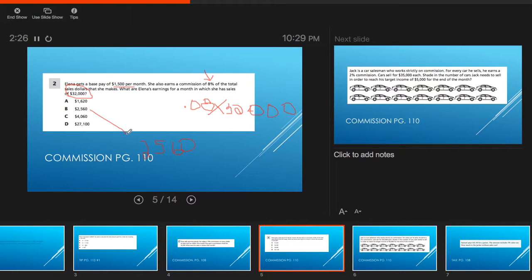So if you'll look, that answer is there. And if we weren't paying attention, we would have put that one. But she also gets this. So we have to go back and add that 1,500 to that, okay? So put 2,560 in your calculator.